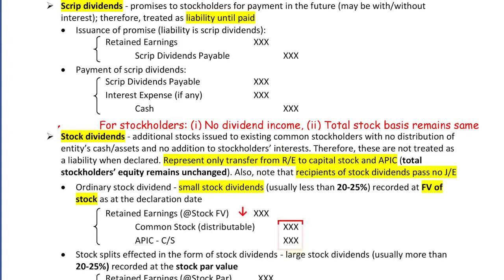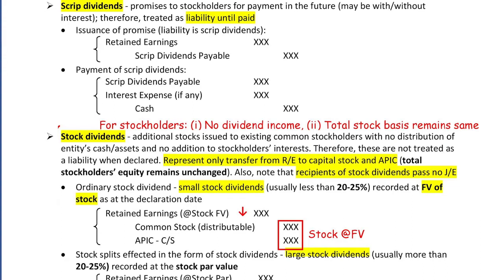Put a box around that and write stock at fair market value. Okay, the debit is to retained earnings. The credit is to common stock and APIC. Now all these are components of stockholders' equity. So you could say the total stockholders' equity is constant.